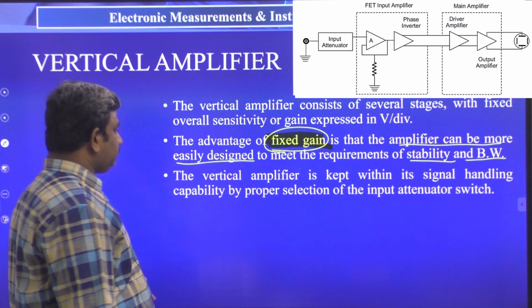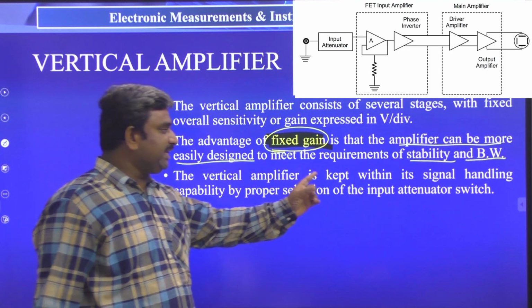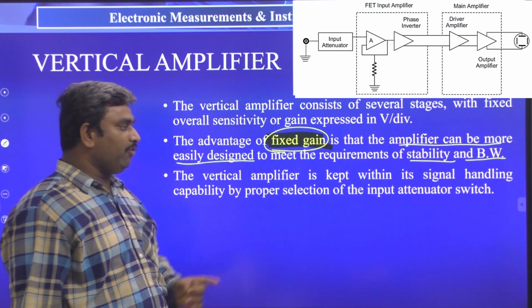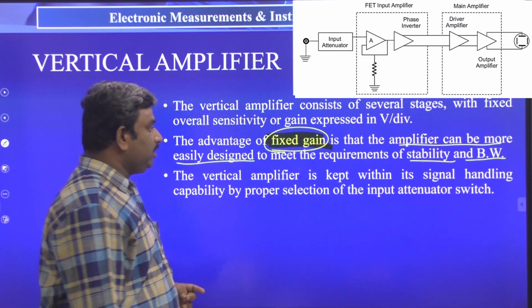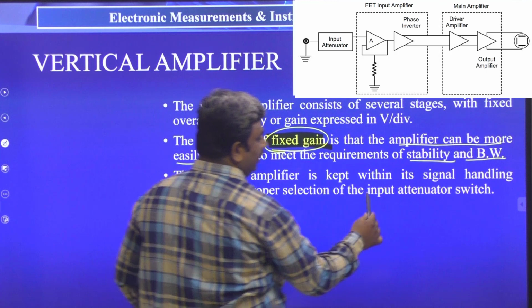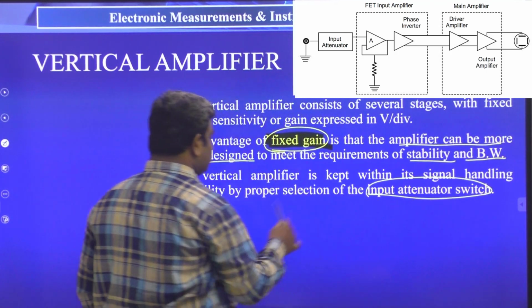Next, the vertical amplifier is kept within its signal handling capability by proper selection of the input attenuator switch.